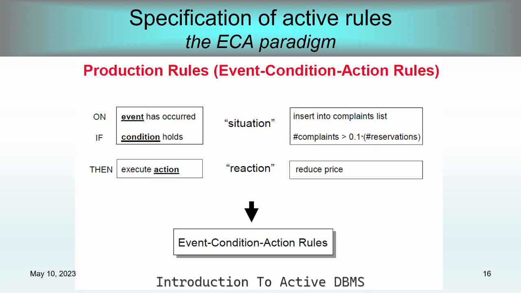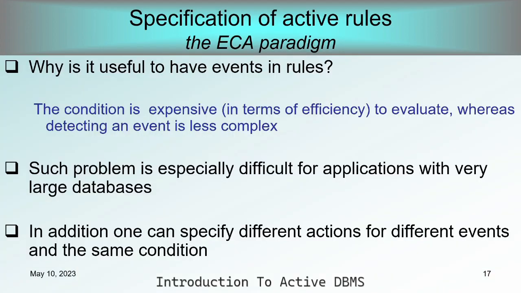Now for example, I want to look at the complaint list, and if the complaint list multiplied by reservation is greater than 0.1, and this condition is satisfied, then I'm going to reduce the price of that particular flight. This is one example of an event, condition, action rule.